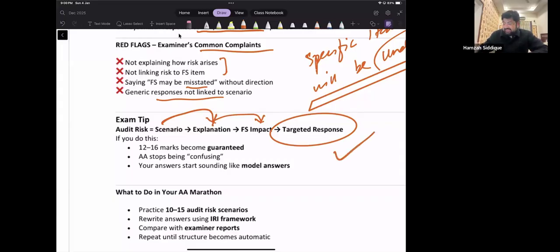If you practice it again and again, apply this, your structure will become automatic. But it will happen after solving 10, 15 scenarios, applying these frameworks, checking that. It will not happen overnight, because you have to develop your own mental model on this. It cannot happen overnight, I'm telling you.